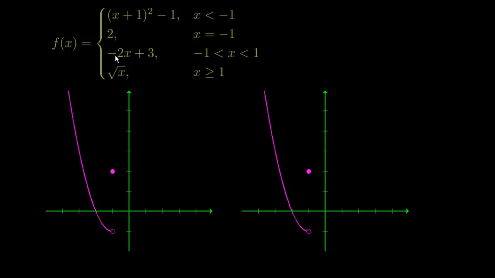All right, third, negative 2x plus 3. We already know how to graph that. So there's my graph. Now, it's supposed to look like this line from negative 1 to 1. So here's negative 1. Here's 1. Notice that I do not have an equal sign on the inequalities, which means when I plot negative 1, I'm going to get an open dot, and when I plot positive 1, I'm going to get an open dot.